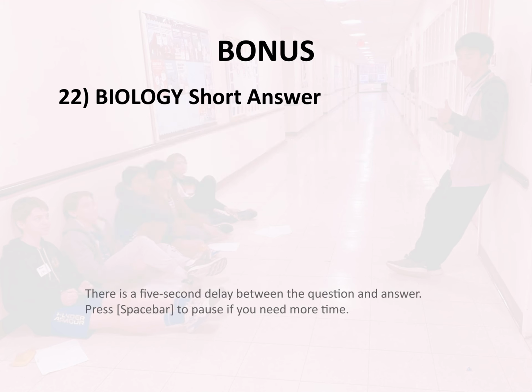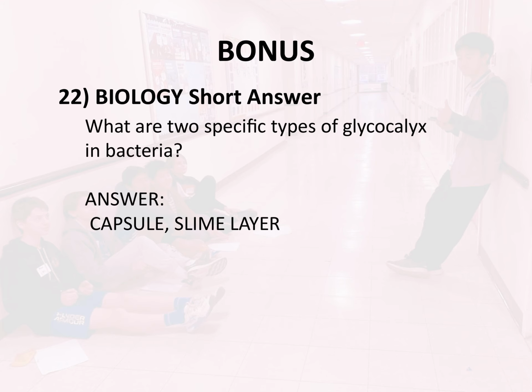Bonus, 22. Biology. Short answer. What are two specific types of glycocalyx in bacteria? Answer: Capsule, slime layer.